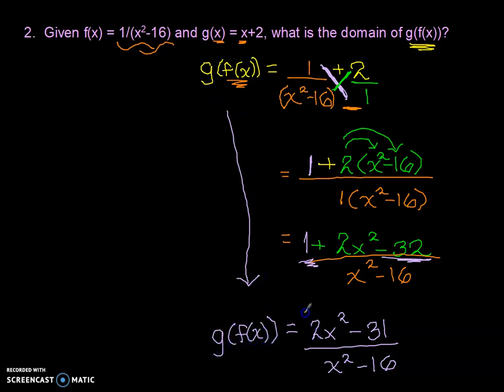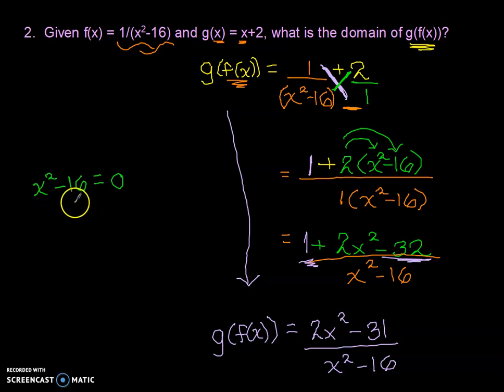So I have g of f of x, but the question is not what g of f of x is, it's what's the domain of it. So the domain, again, are all the values that x can be. We know that this has a restriction because it's a fraction, so we're going to find the values that x cannot be by looking at its vertical asymptote. Vertical asymptote, zeros of the denominator, meaning I'm going to set my denominator equal to 0.